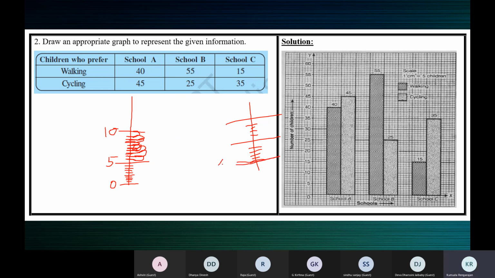If this one is 40, this one is 45. You will see so many divisions between 40 and 45. If you see your book, after 40, there will be 4 divisions and one main line. And then again 4 divisions and then the main line.